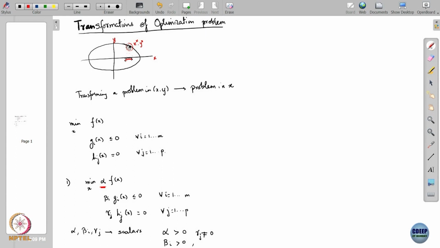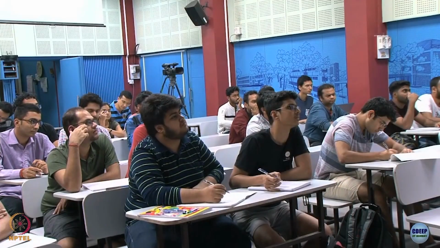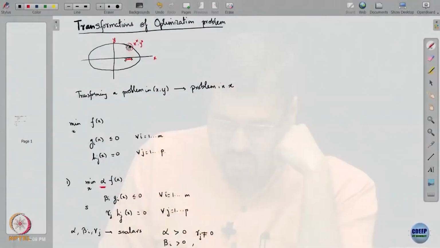Now, what happens to the feasible region? The objective function is scaling. What about the feasible region? Does the feasible region scale? The individual functions that define the feasible region are scaling.